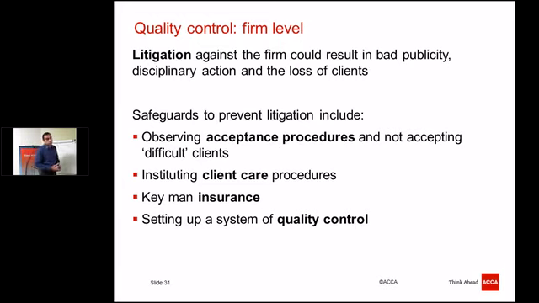And then obviously it also talks about setting up a system of quality control. So it is important to understand that ISQC 1 actually relates to the whole firm, and which is why it talks a lot about how a system of quality control should be put into place.